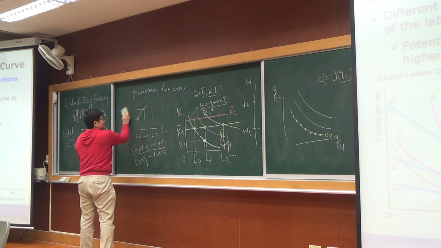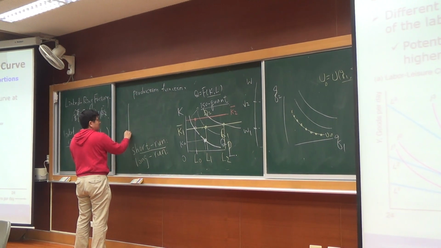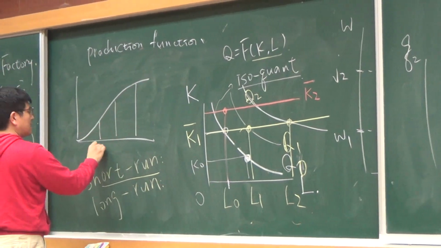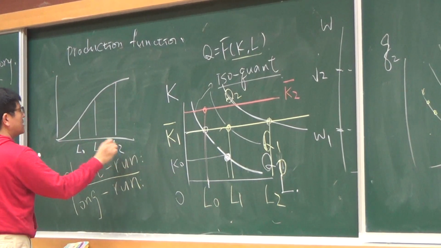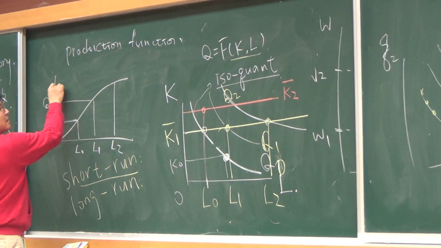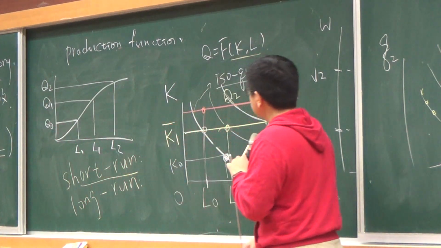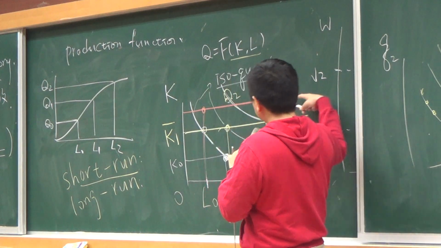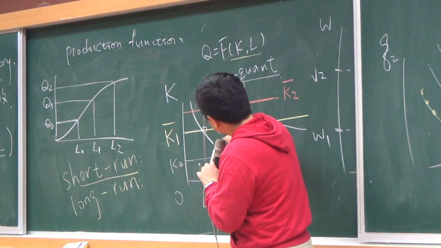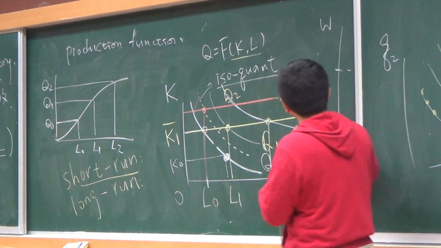Sorry. If this is K2, accompanied with L0, you will see an isoquant.